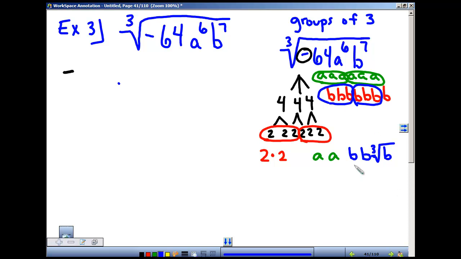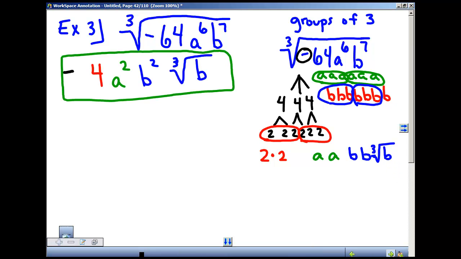There are 3 B's, which will pull out for 1 B. 3 more B's will give me another B to pull out. But there's 1 B left underneath the radical. This simplifies to be negative 4 times a squared times b squared times the cube root of b.